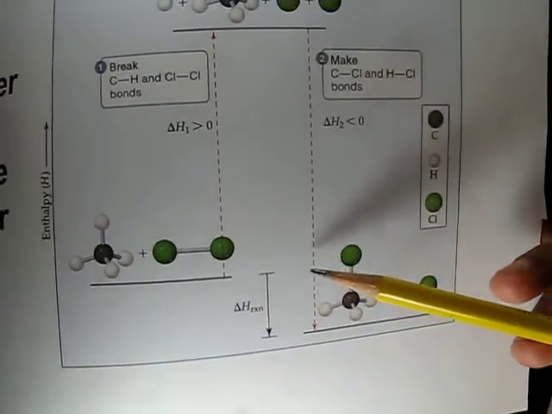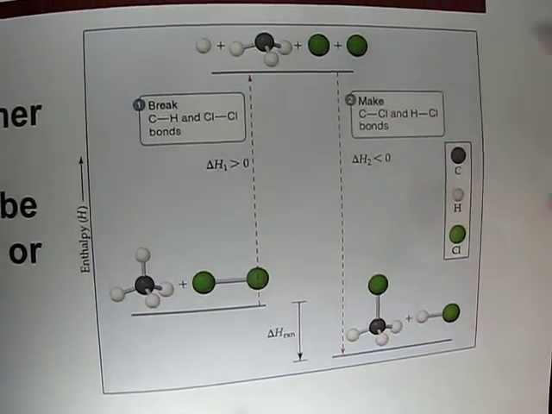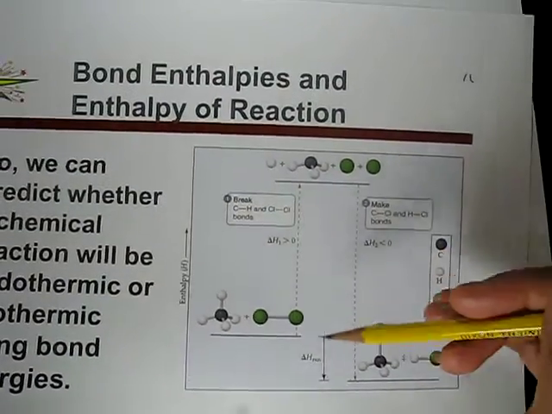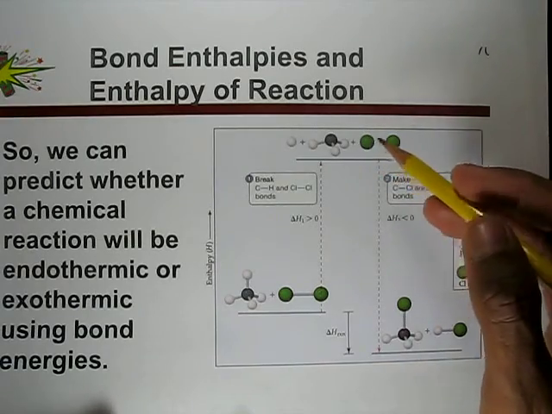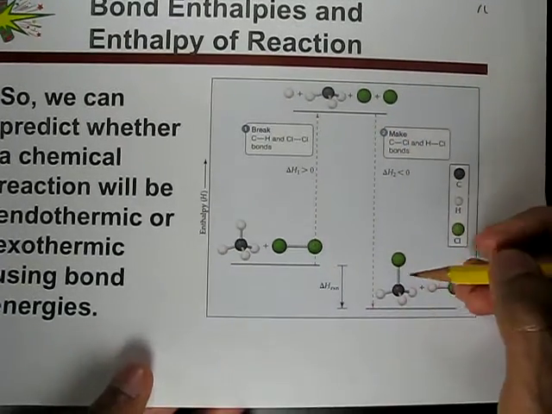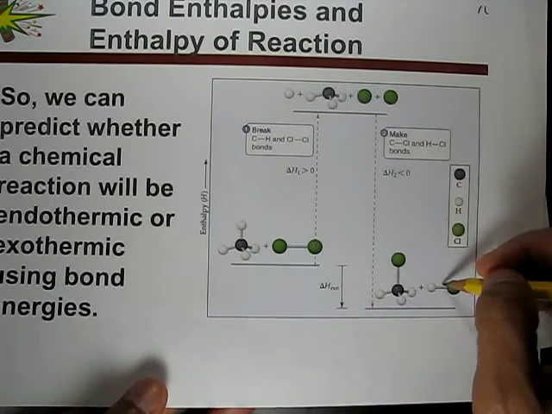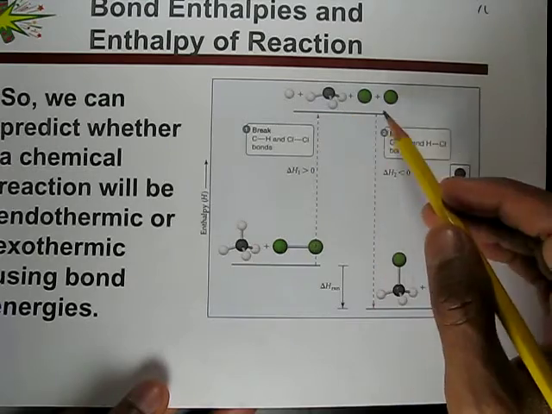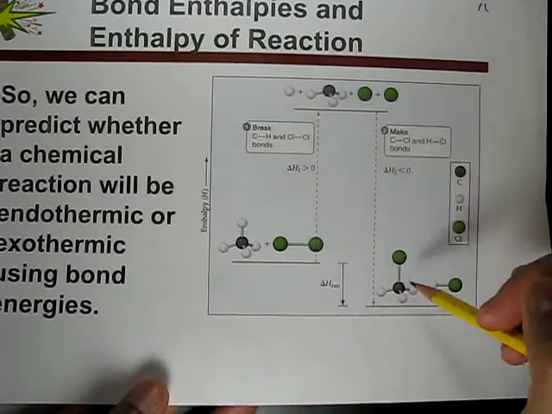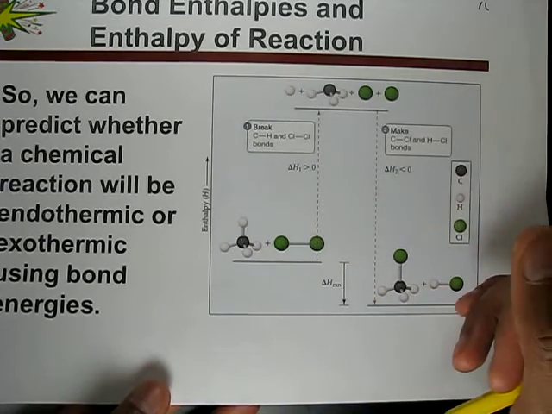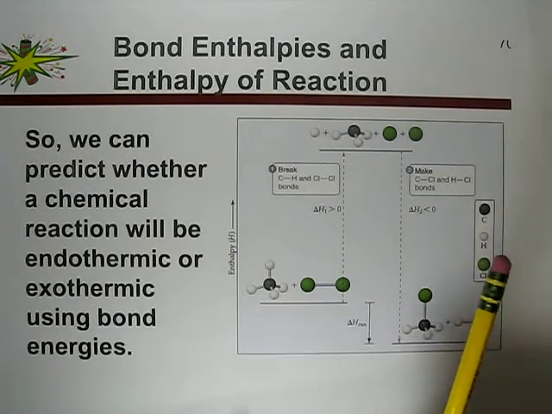If it is releasing, if it is higher, then this is an exothermic reaction. So extra energy will release from the bond when we make chloromethane and HCl from methane and chlorine gas, some energy will be released. So this was the example of bond enthalpy and bond reactions.